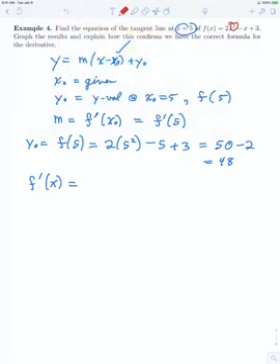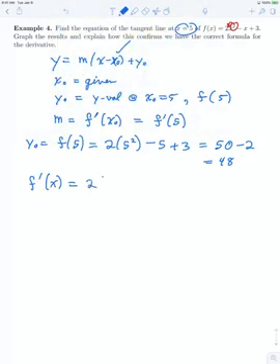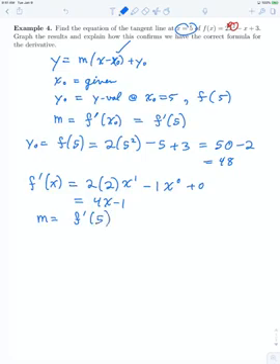So there was a square. I bring it down in front. This is 2 times 2x to the 1 minus 1 times x to the 0 plus 0. This is 4x minus 1. Okay, and so m is f prime of 5. So that's 4 times 5 minus 1, which is 19.